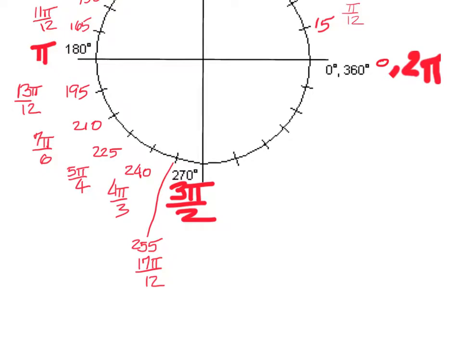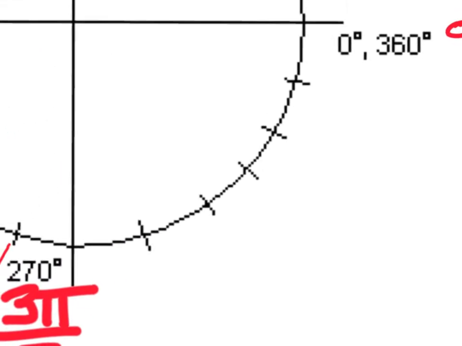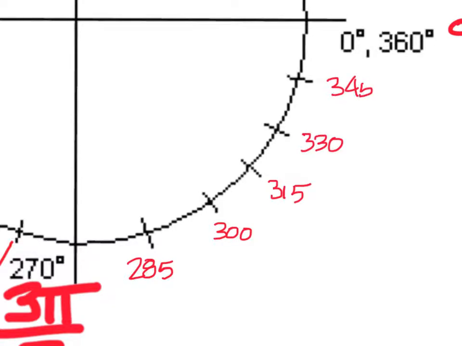Alright, here we are. We have one more quadrant to go. We will fill in our degrees first. That should be 285, 300, 315, 330, 345.